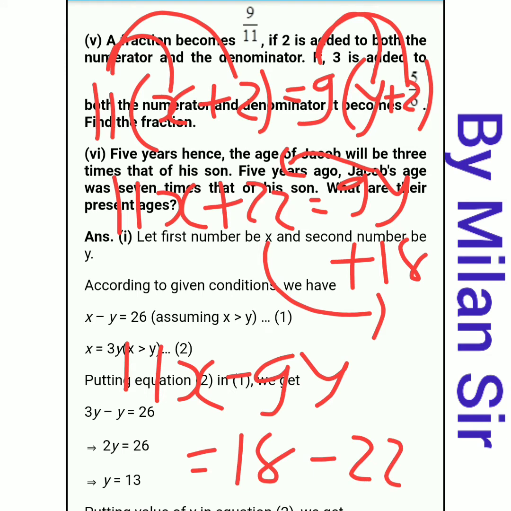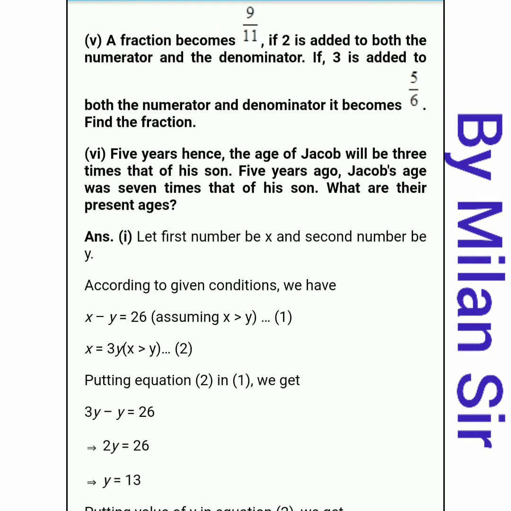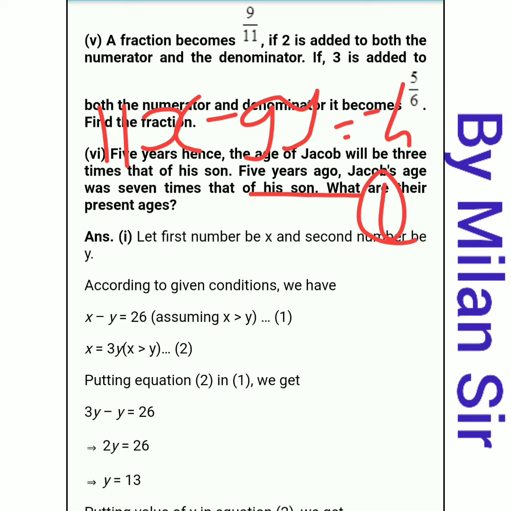So 11x minus 9y is equal to 18 minus 22. Now 18 minus 22: 22 minus 18 is 4, and the bigger number's sign is minus. So our final equation is 11x minus 9y is equal to minus 4. This is our equation number 1.